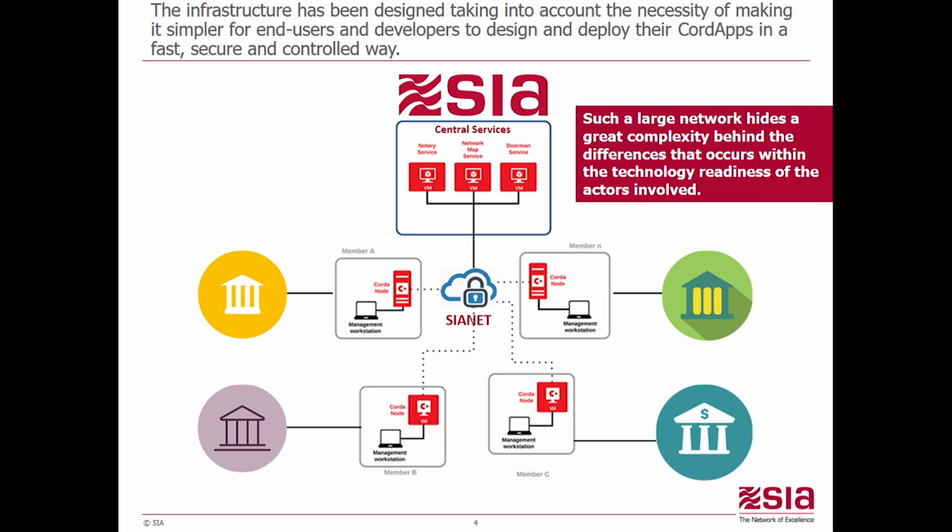The problem is that this network is used for the whole payments and also the exchange of currencies between the banks in Italy and also in Europe. So it's a super delicate network where you need to bring a new system without impacting the current system that we have up and running on SIANet.